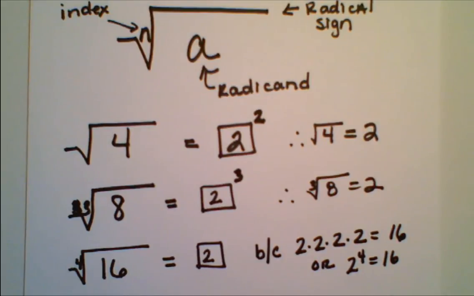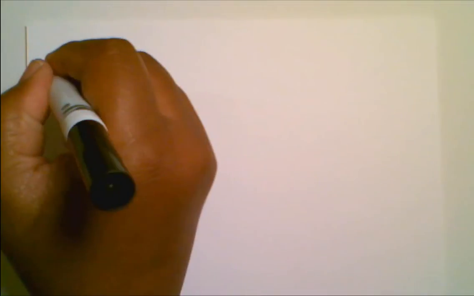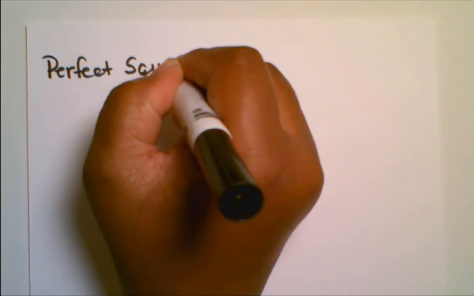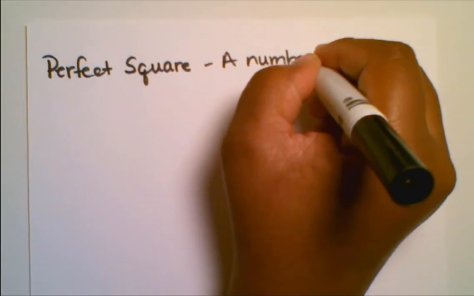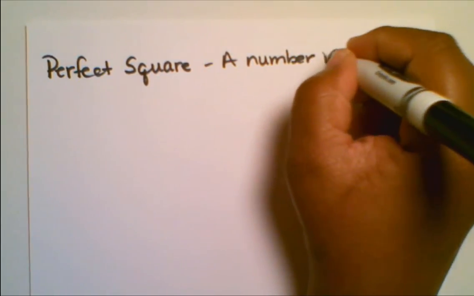So we're going to be looking at cube roots and square roots, but we may be looking at other roots as well. When we're talking about square roots, we're looking for a perfect square, meaning the number under the radical sign will be a perfect square.